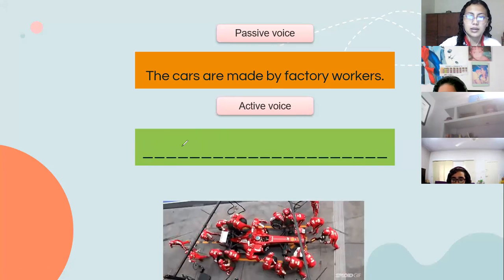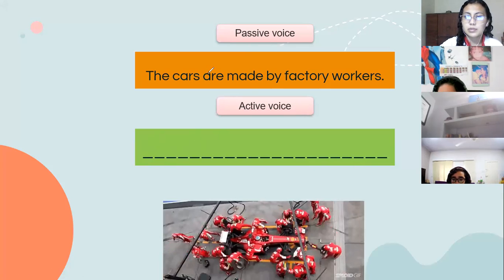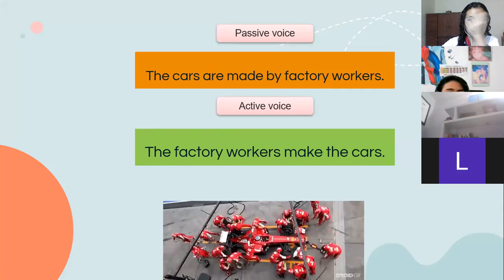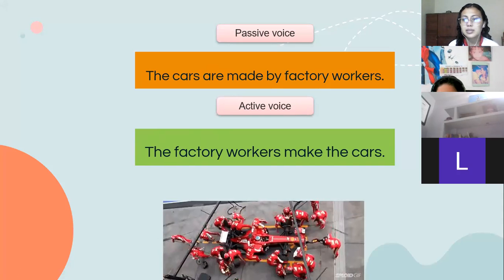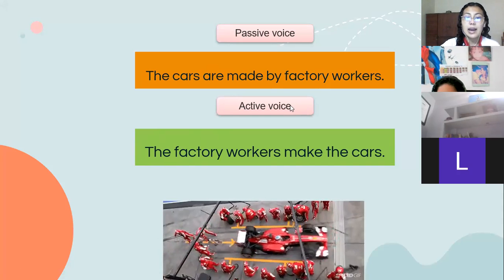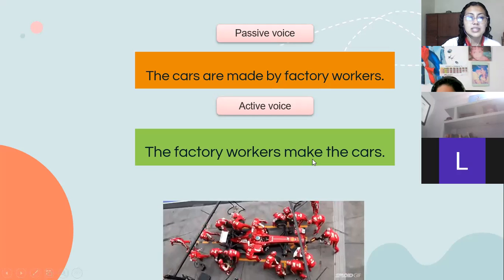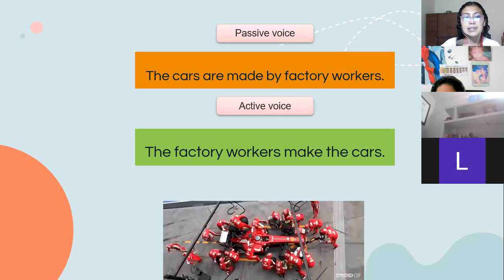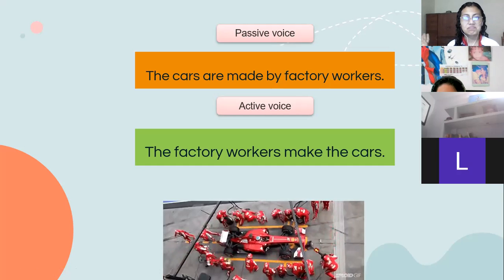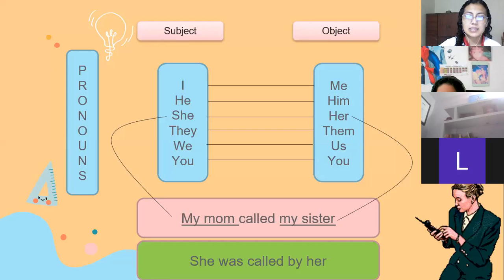Very good. The factory workers made the cars. Very good. That's it. Here we have our verb in present simple. The factory workers make the cars. Easy peasy. So now, remember that here we have our object pronouns.